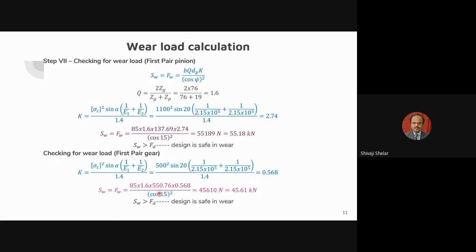And from that SW comes out. Here dp will change because this is the gear, so the dg value will come here. By putting this value, we get SW here as 45.61. It is weaker than the pinion, but this value is still greater than FD.